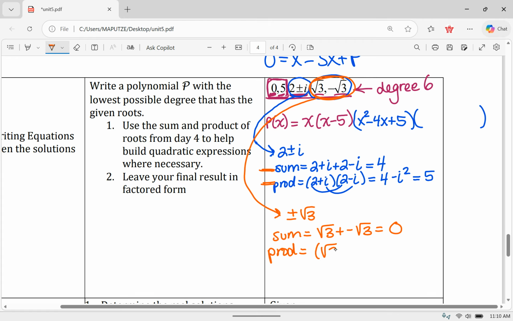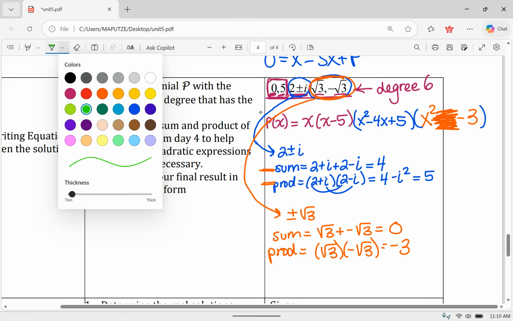Product: positive radical 3 times negative radical 3, negative plain old 3. So our quadratic is x squared minus the sum plus the product. So you don't need to include this. You could totally wipe this out and then just make it x squared minus 3. And then that would be your answer right here.